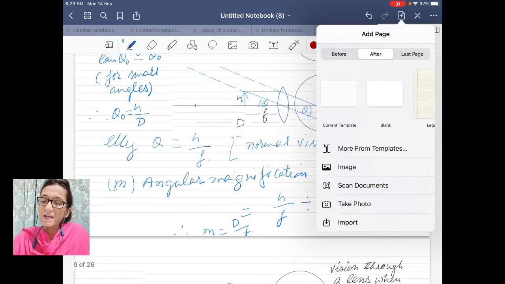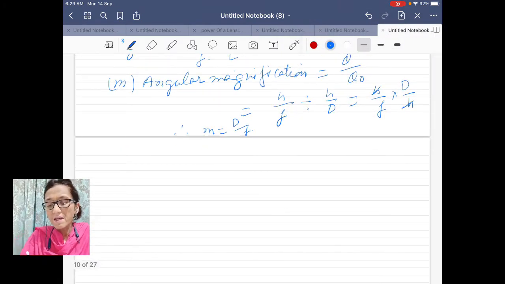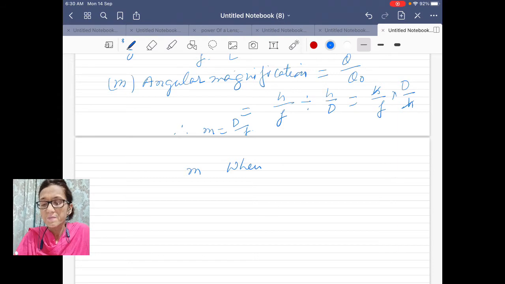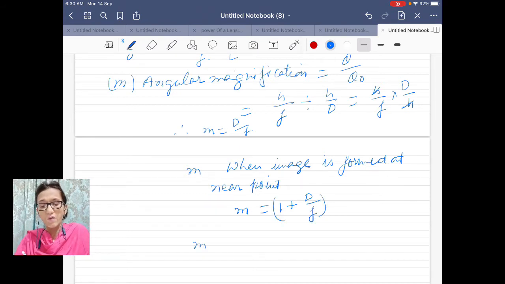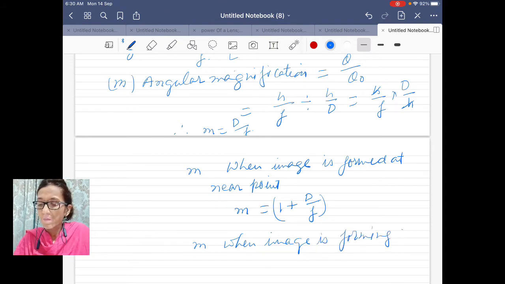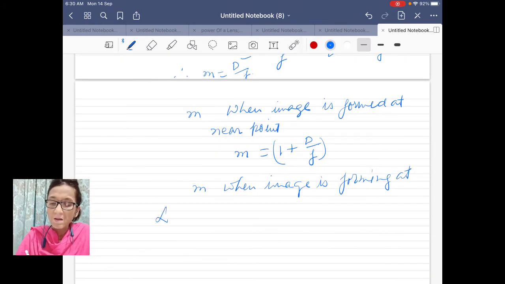You can compare magnifications in the two cases. When the image was formed at near point, the magnification comes 1 plus d upon f, and when the image is forming at infinity, then we find that magnification is equal to only d by f.